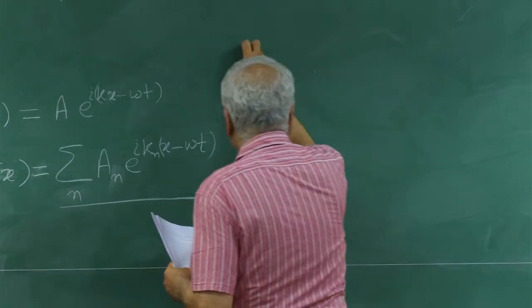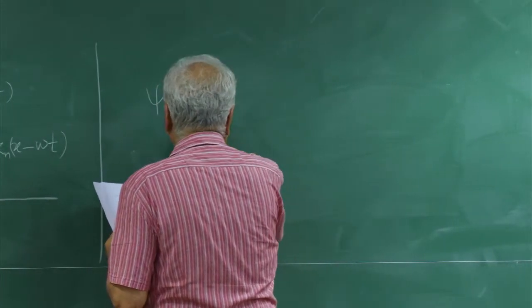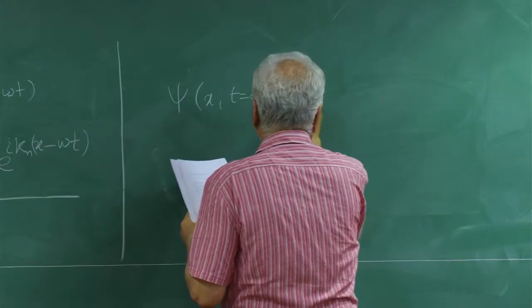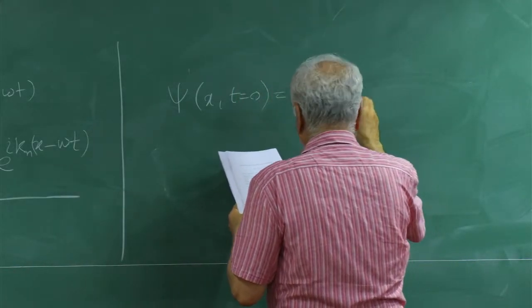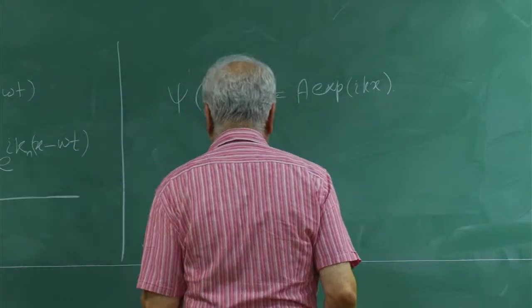So let me, at t equal to 0, write ψ(x, t=0) equal to A exp(ikx), because this is t equal to 0.